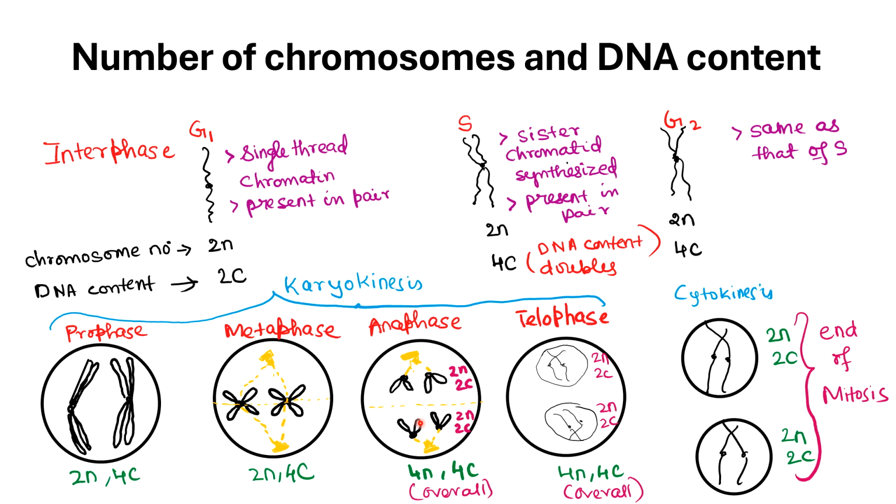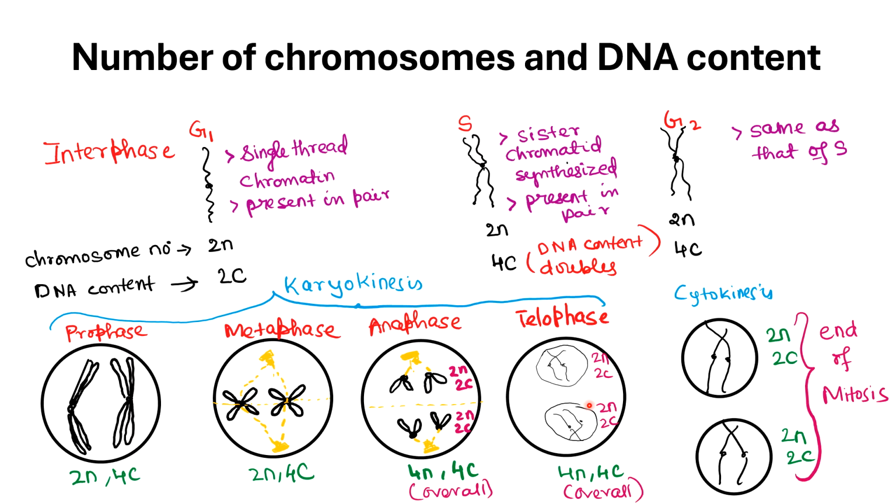But what's happening to the chromosome number? Here the chromosome number will temporarily be 4n. Why? Because we have 2n chromosomes going to one pole, while 2n go to the opposite pole. Overall, it will have a chromosome number of 4n and 4c DNA content.